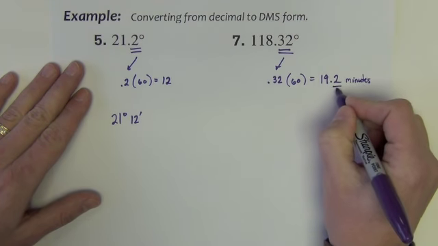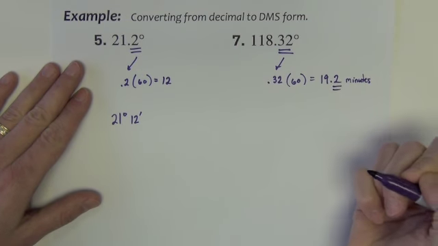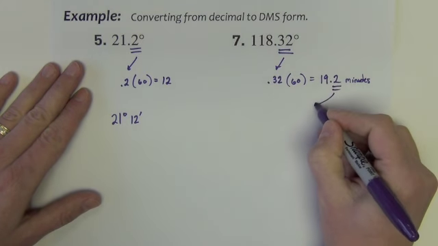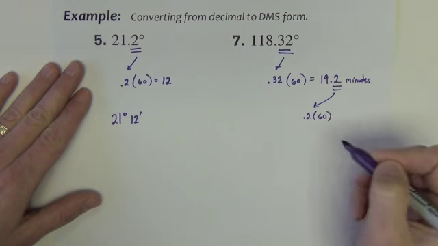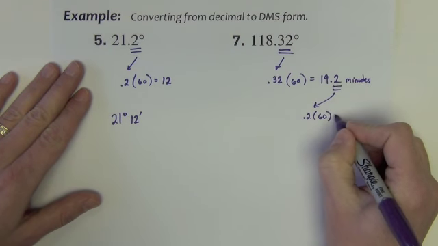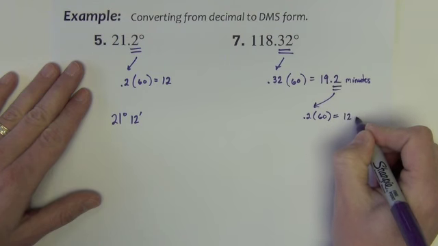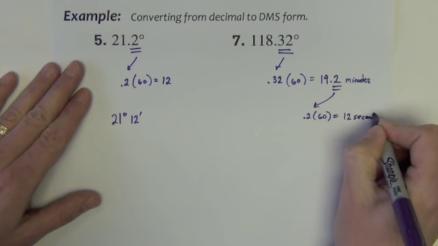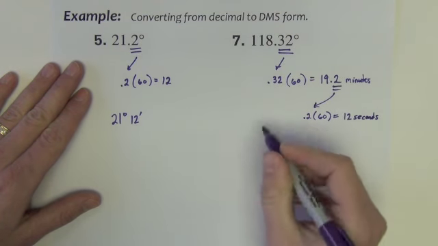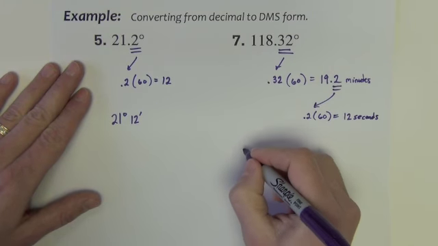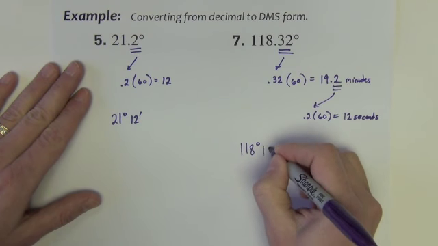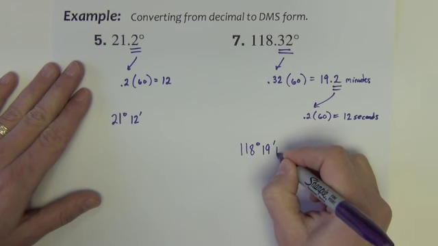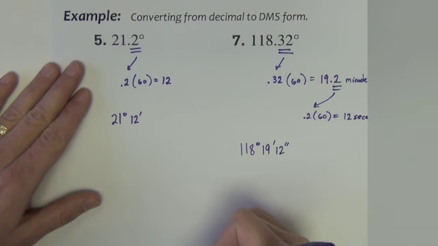Well, there's a fractional part of the minutes here, and I want to know how many seconds that is. So I'm going to take that 0.2 times 60. There's 60 seconds in a minute, and that gives me 12 seconds. So I'll write the whole thing as 118 degrees, 19 minutes, 12 seconds.